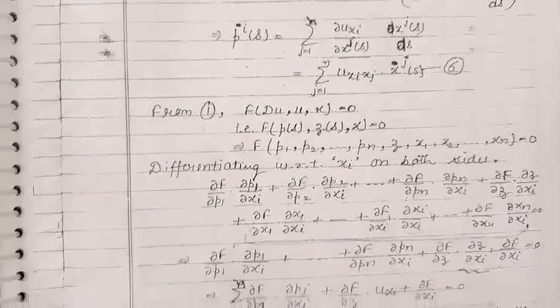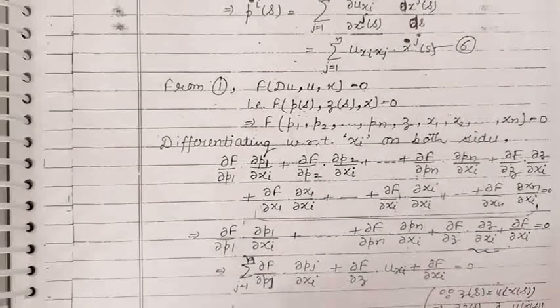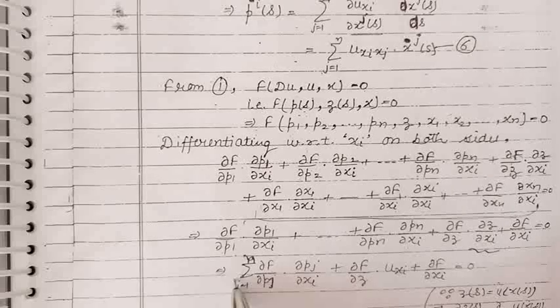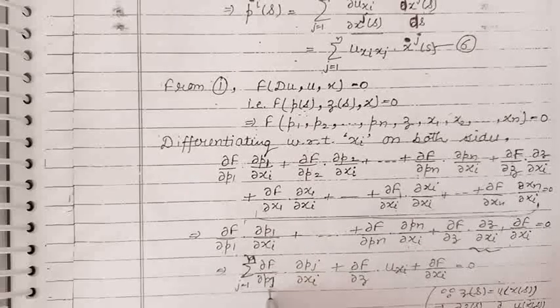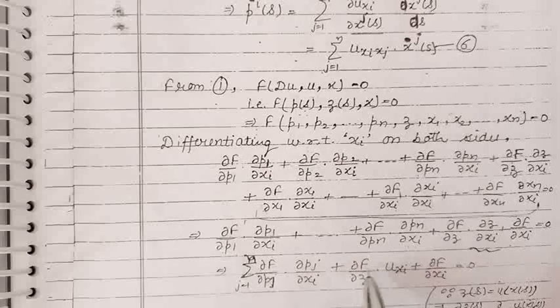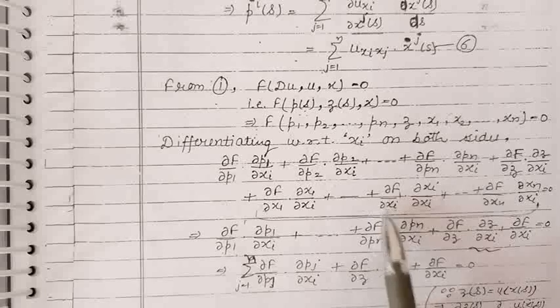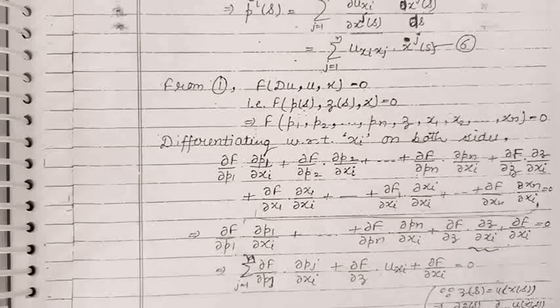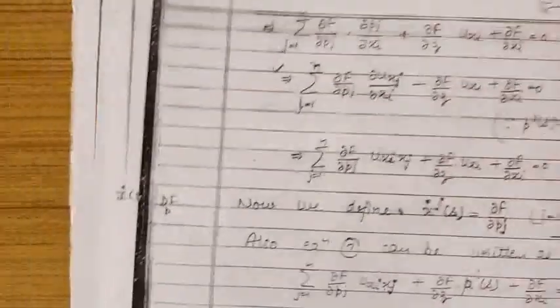So finally we can write after differentiation, summation curl f by curl pj into curl pj by curl xi, plus curl f by curl z into curl z by curl xi, that is u xi, plus this term curl f by curl xi is equal to 0. So we have obtained this equation.